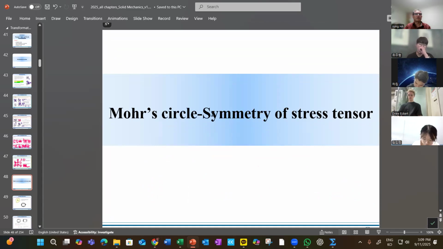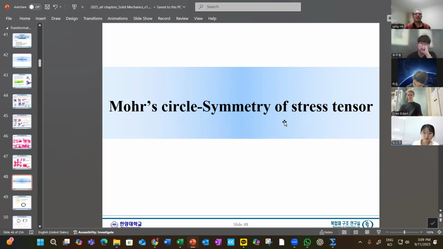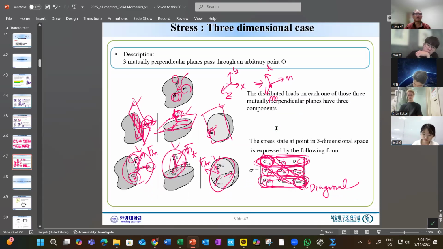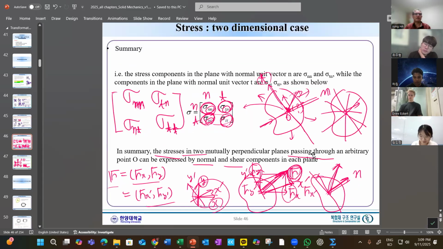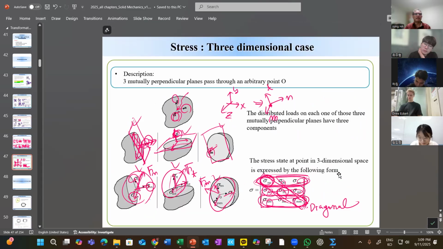Now I'd like to observe the symmetry of a stress tensor. We call it a stress tensor. Why do we call it a tensor rather than a vector? A vector has one component, one direction like that, but a tensor means that we need 2 components of a vector.